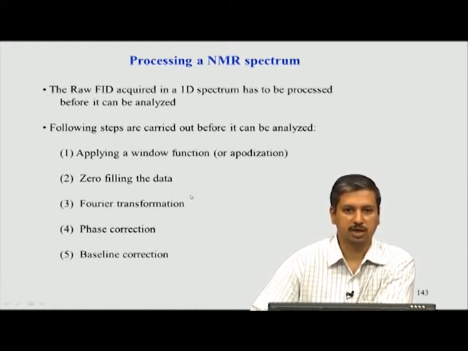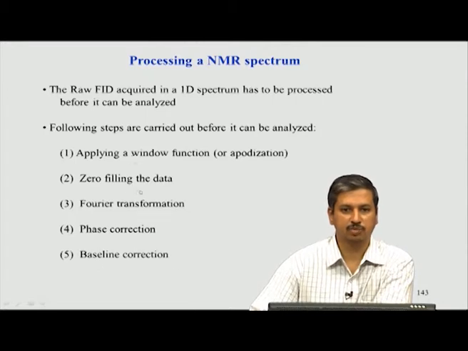This is a mathematical technique, which is why the word FT-NMR is used, but even after Fourier transform, the data is not completely ready to analyze, because there are certain things we have to further do on this NMR spectrum, and finally after all these steps we say that the spectrum is ready for analysis. So, we will see these steps now one by one.